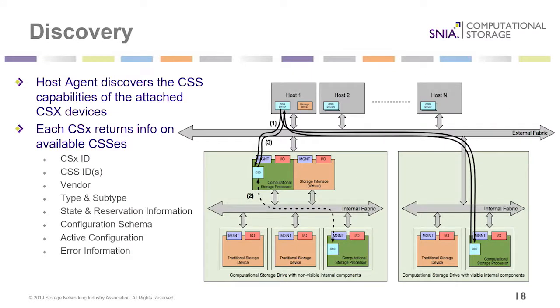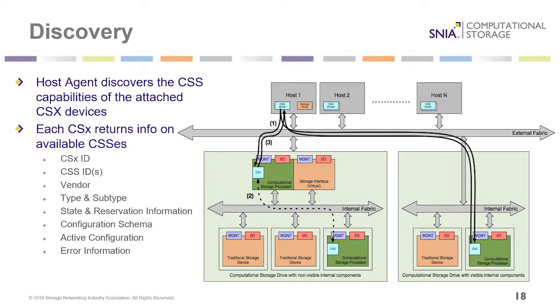Okay. So when we talk about discovery, we're going to walk through a couple of different things here. Let's say that the host is trying to understand what's going on inside of this computational storage processor. The first thing that's going to happen is that the host is going to query the computational storage device, asking what do you have?